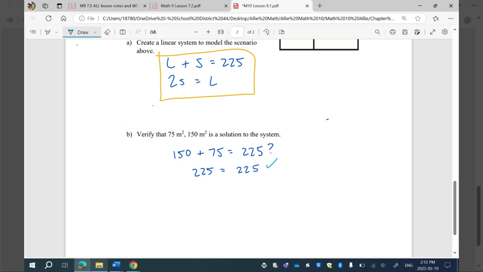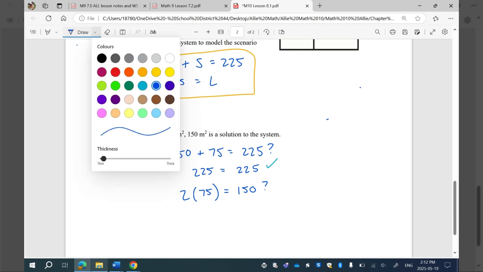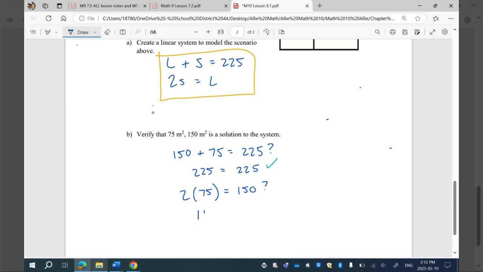And the next one, is it true that 2 times 75, our smaller lot, equals 150? And it is true that 150 equals 150. So there you go. We verified that that is a solution to this linear system.